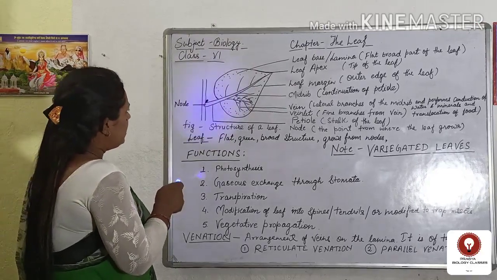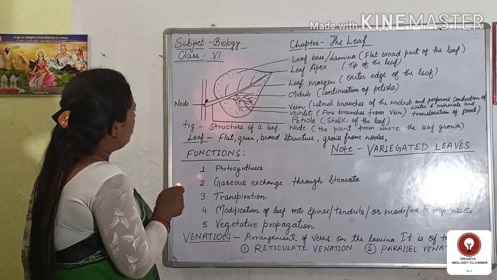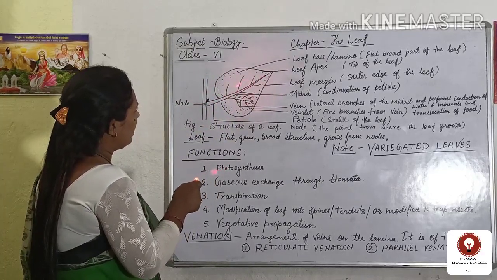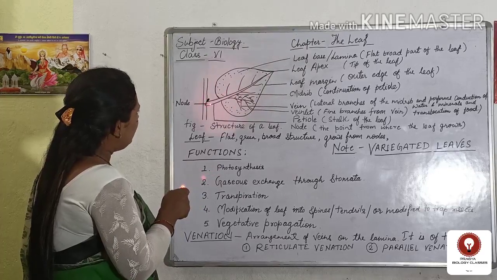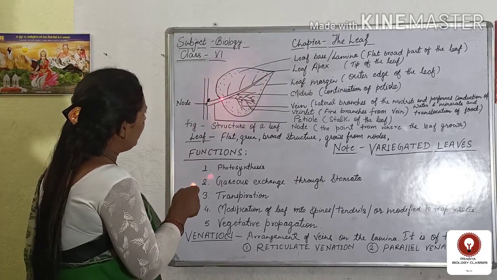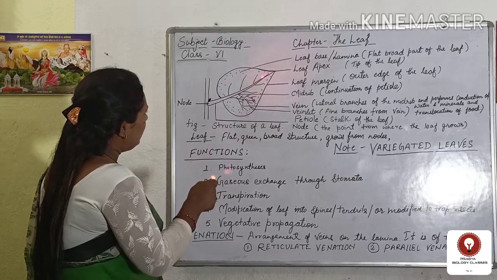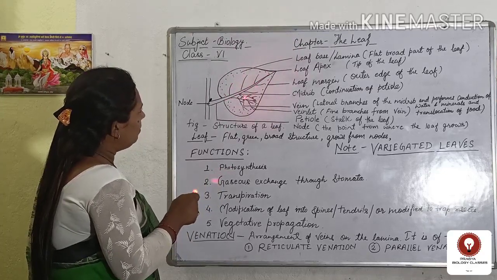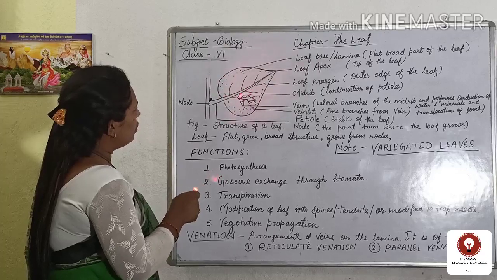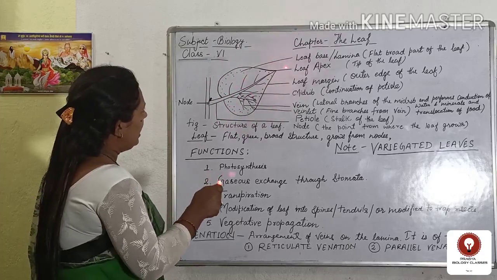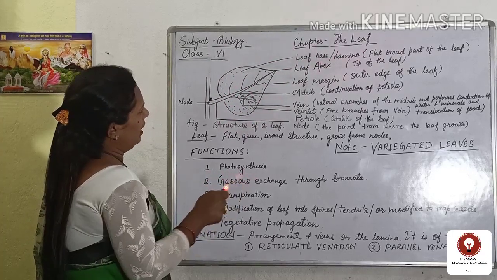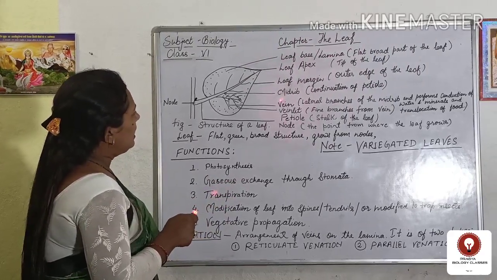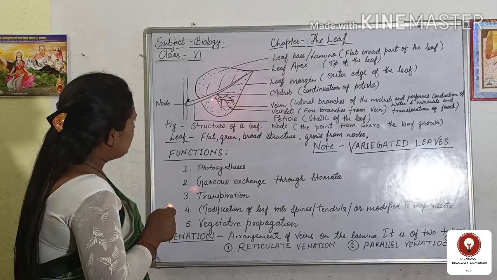This portion is known as the midrib, and this is the continuation of the petiole. The petiole remains continuous in the leaf in the form of the midrib, and this flat, broad portion of the leaf is known as the leaf base or lamina.